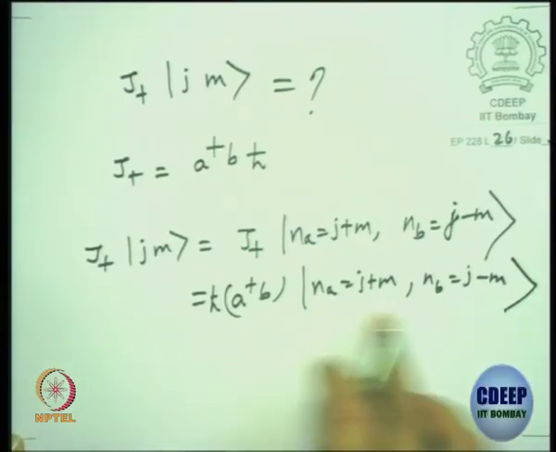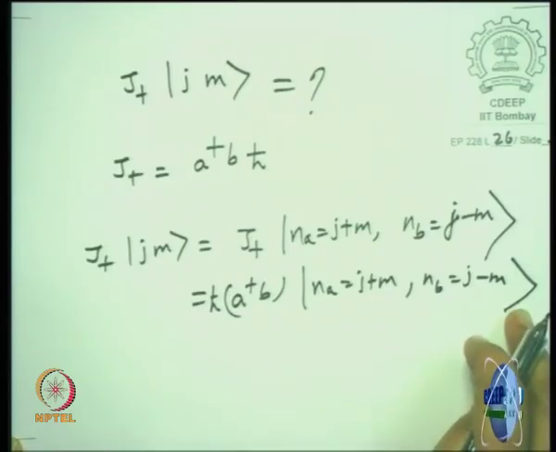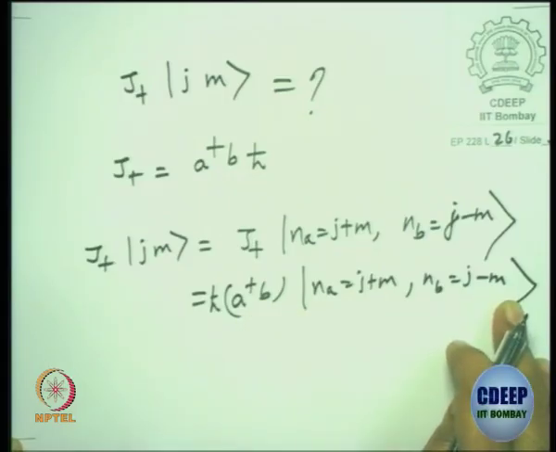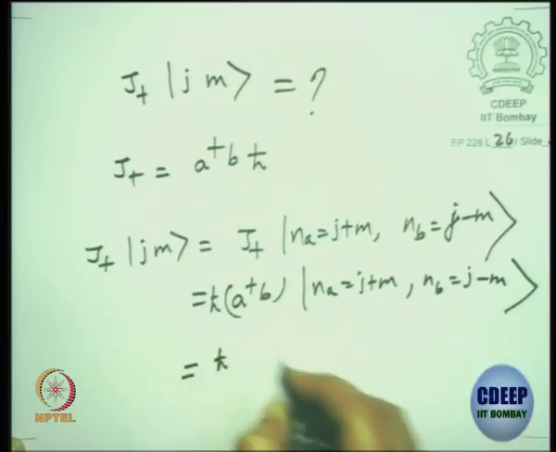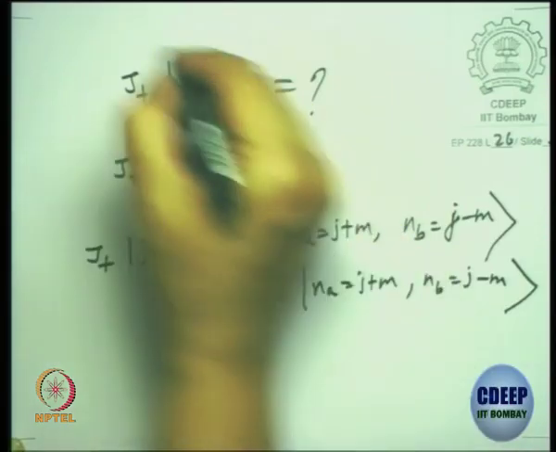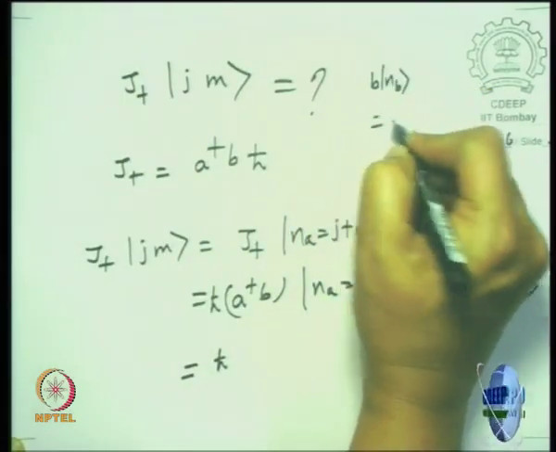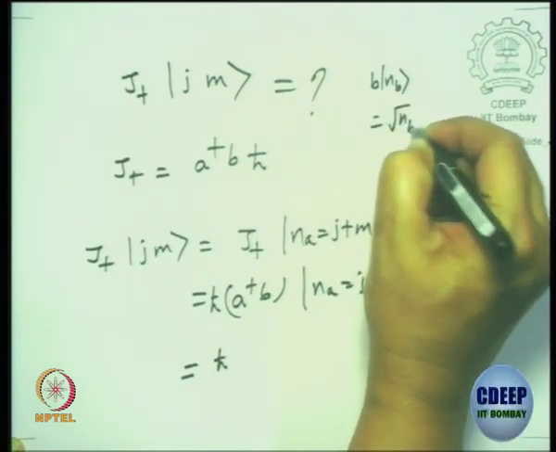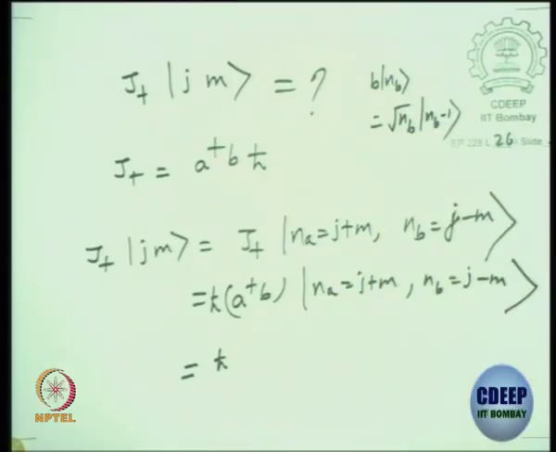What will B do? B will operate on the first state or the second state? B will operate on the number state Nb. What will it do? Recall for me, what is B on Nb? Root Nb times Nb minus 1.